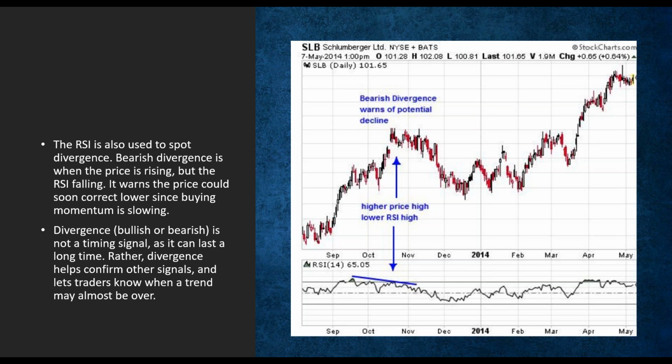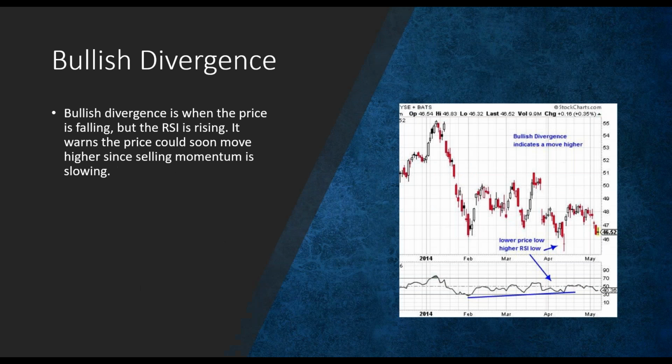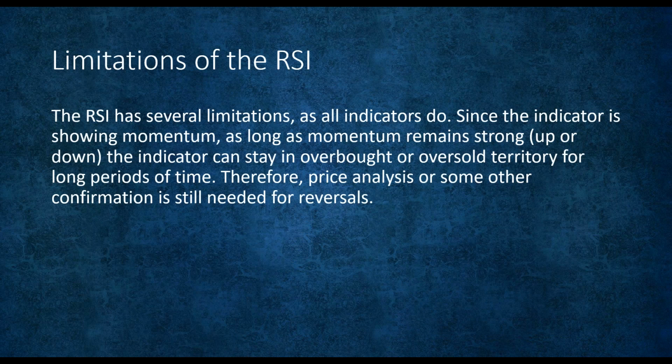Rather, divergence helps confirm other signals and lets traders know when the trend is over or almost over. Bullish divergence is when the price is falling, but the RSI is rising. It warns the price could soon move higher since selling momentum is slowing.